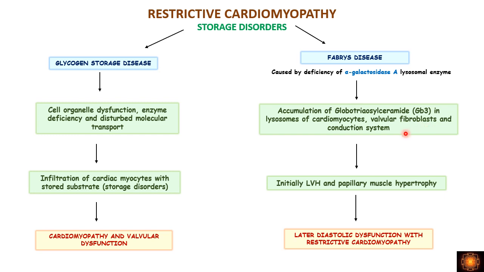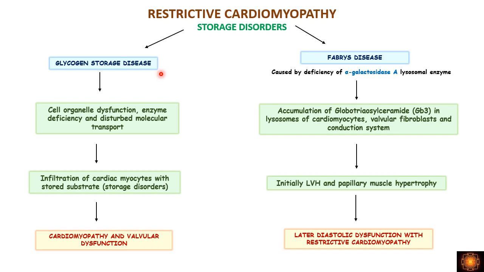When we have a deposition of the substrate in a cell, the size of the cell increases, and the size of the entire organ also increases. So we have left ventricular hypertrophy and papillary muscle hypertrophy also. Later on you have damage to the cell itself. So there will be myocardiocyte damage, necrosis and fibrosis. So finally there will be a diastolic dysfunction with the restrictive cardiomyopathy.